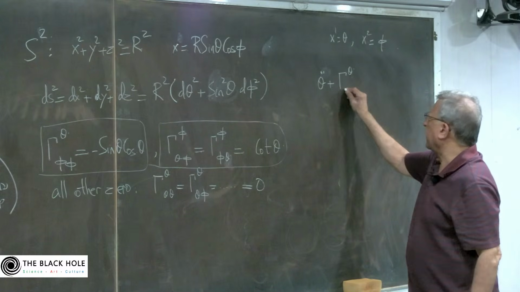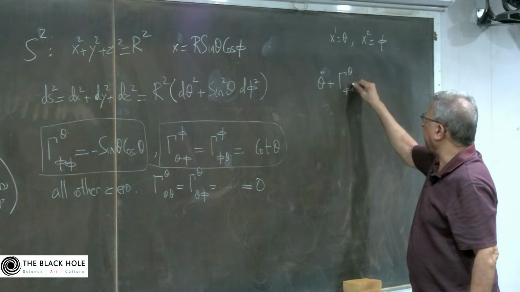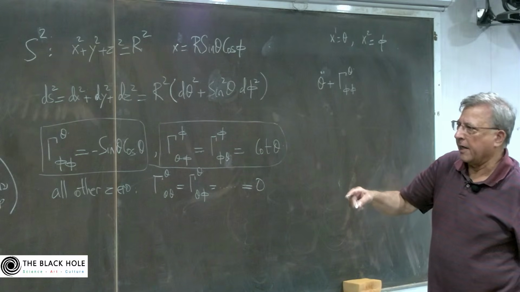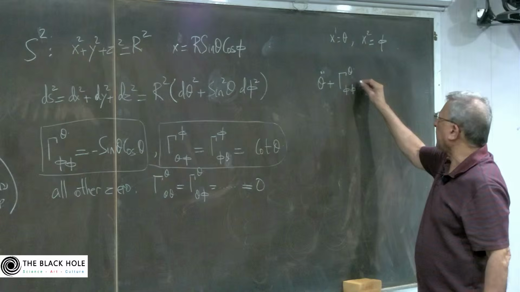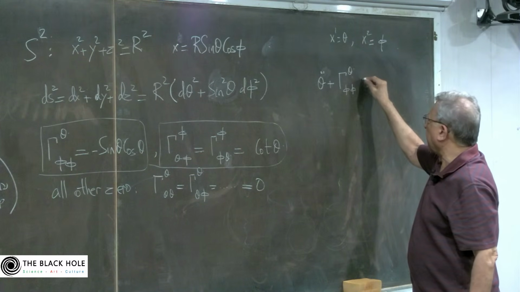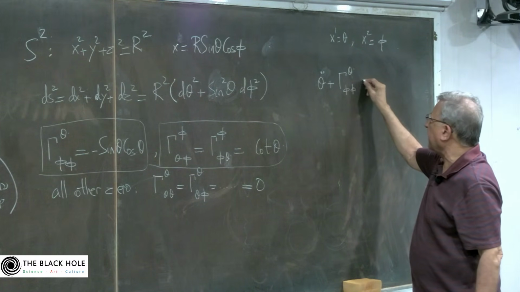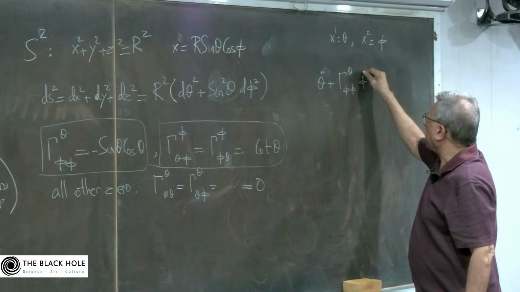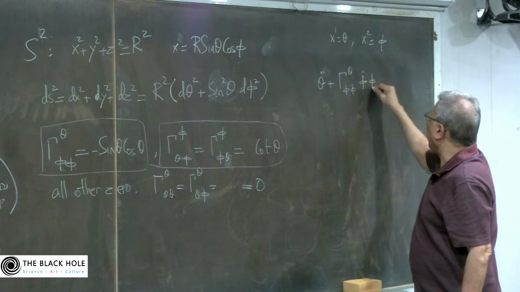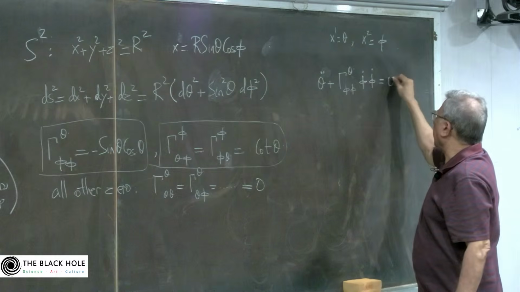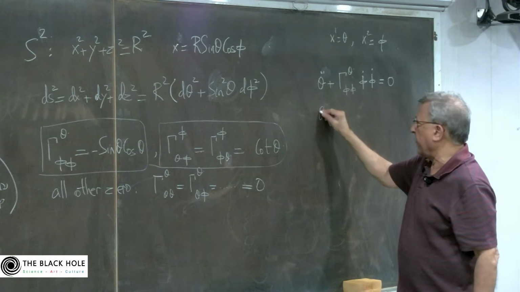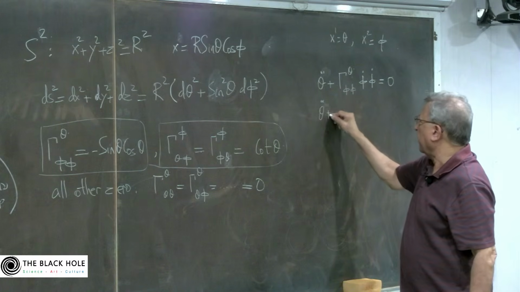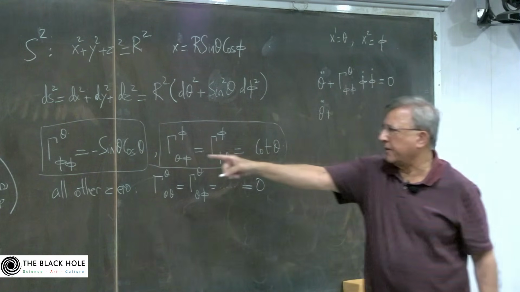So then phi, and then what will we have over here? Phi dot equals 0.